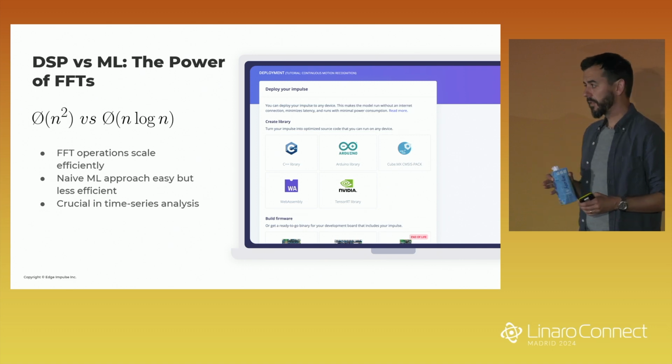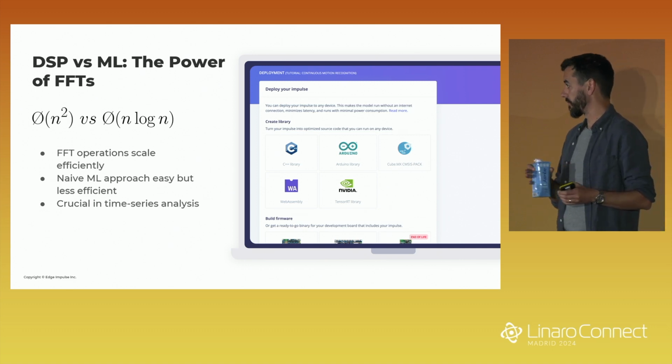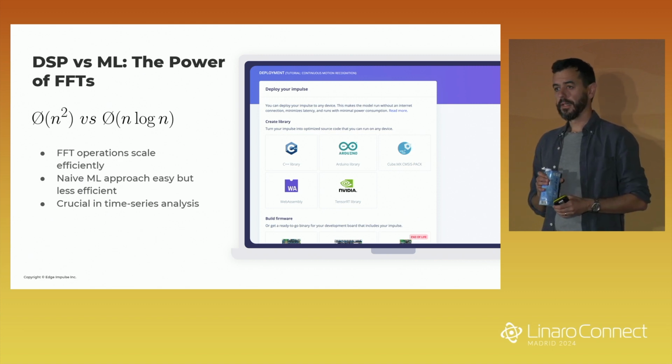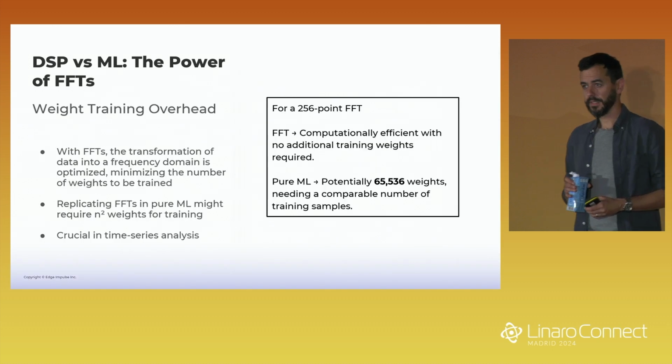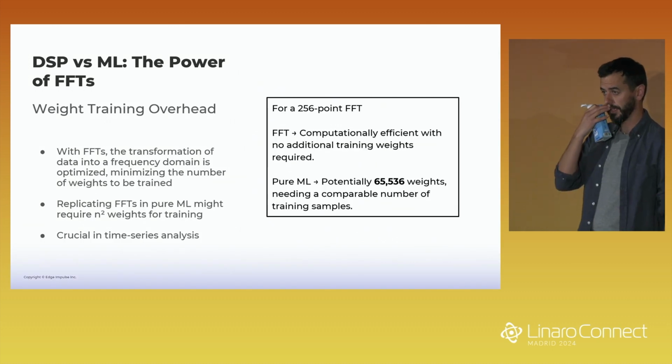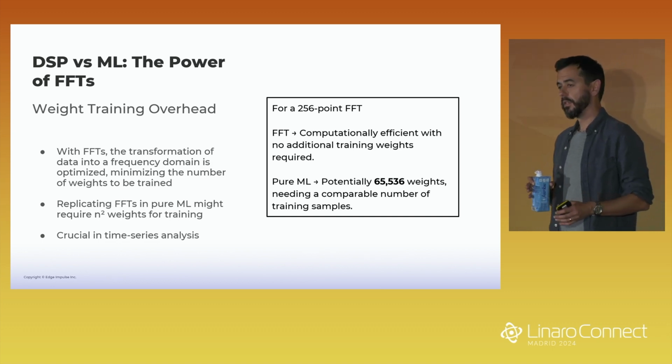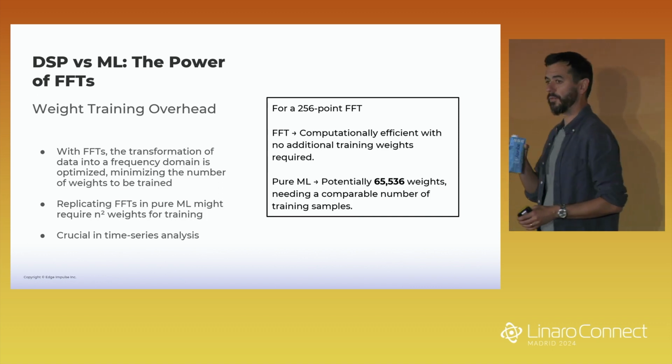The naive ML approach works, but it won't work on many devices. It just works, as in, you want to test it, fine. That has become very important in our time series analysis. Just to put an example, if you replicate FFTs in pure ML, you might require n squared weights for training.